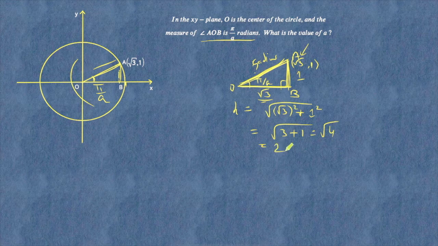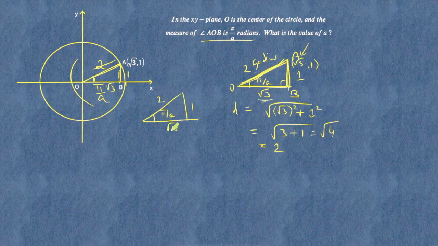So the hypotenuse comes as 2. So this we know as 2, and this one is 1, and this one is root 3. So now we got the right angle triangle. We know this is 2, this is 1, this is pi divided by A, and this is root 3.